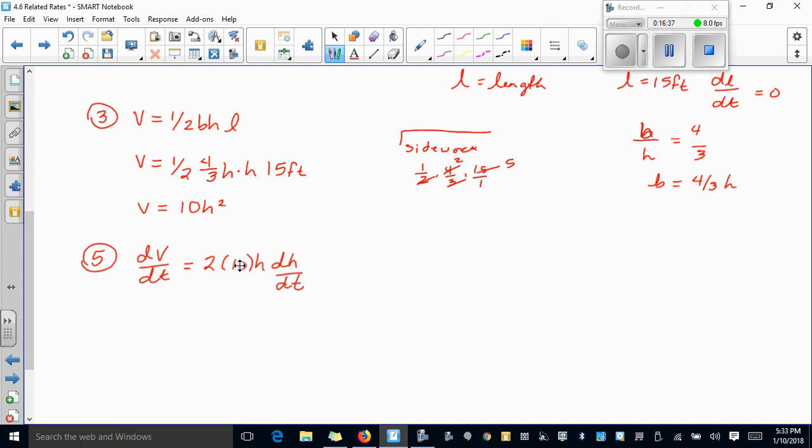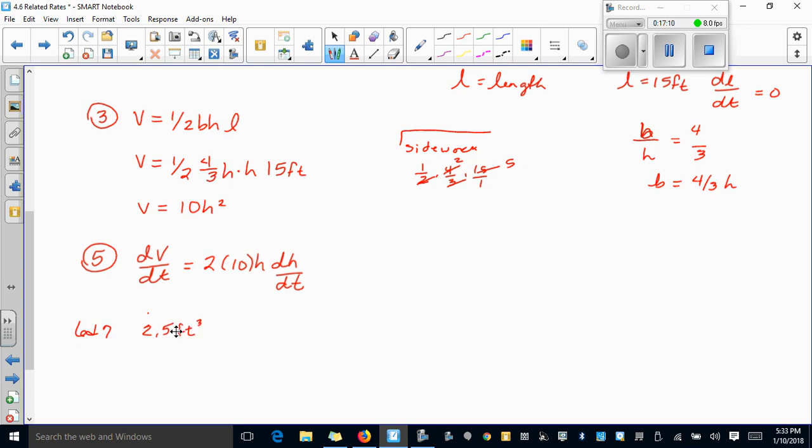dV dt on this particular one is 2.5 cubic feet per minute equals 20 times h, which is in this case 2 feet, times, and that 20 has a feet on it as well.